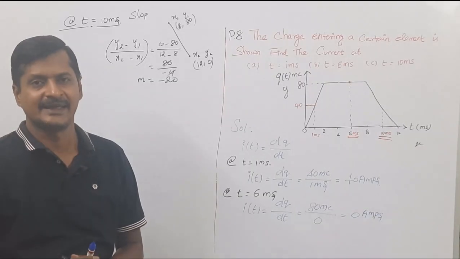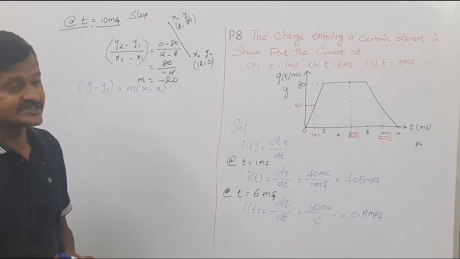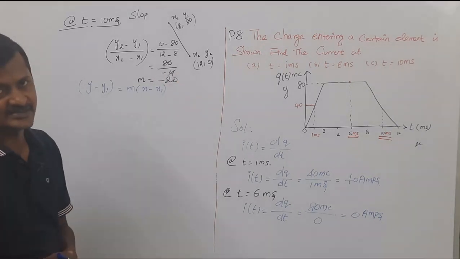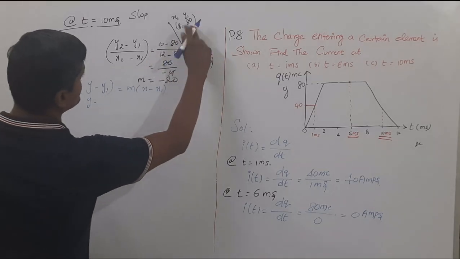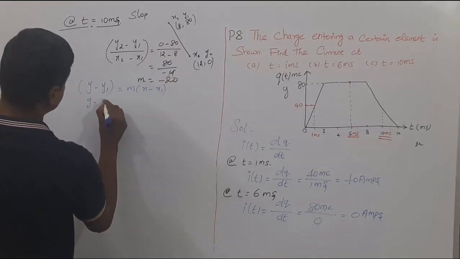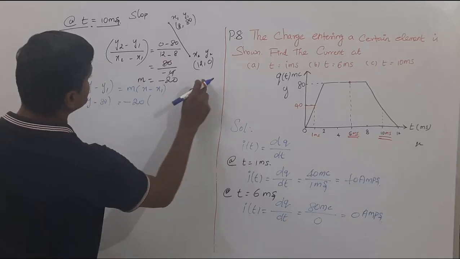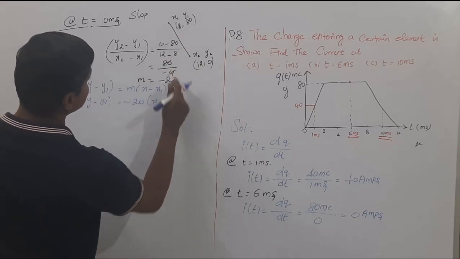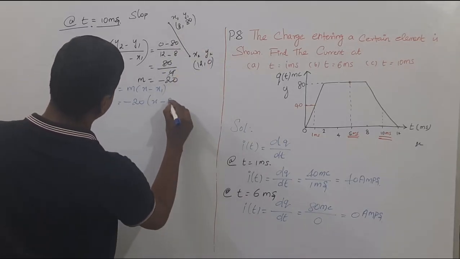Y minus y1 is equal to m into x minus x1. Okay. So what is the value of y1? That is 80. What is the value of m? That is minus 20. We don't know the value of x. What is the value of x1? That is also 8.